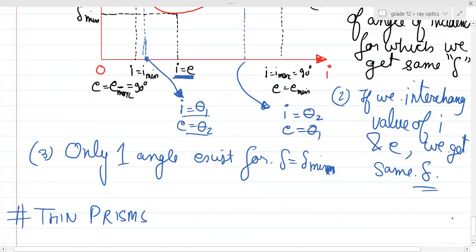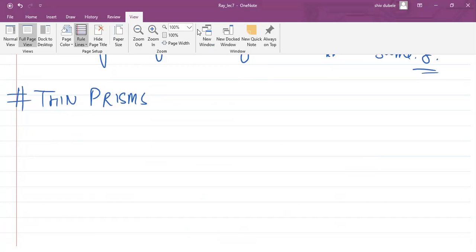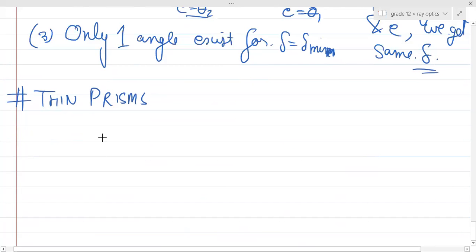If the prism will be small, basically what will happen? If a prism is like this, guys, can you hear me? Yes, sir. If the prism is like this, is it a thin prism?